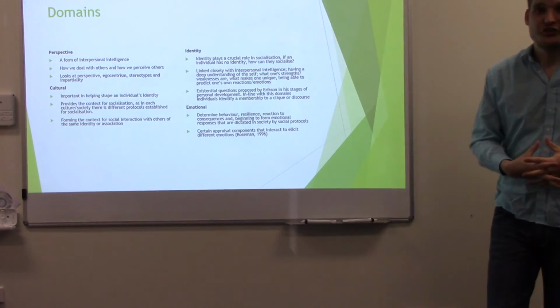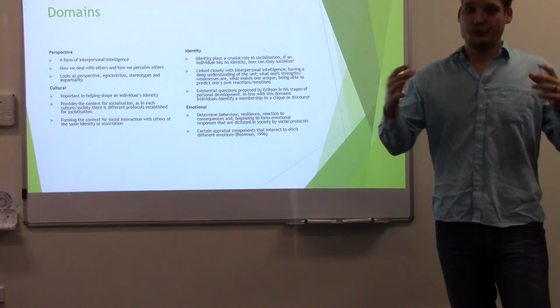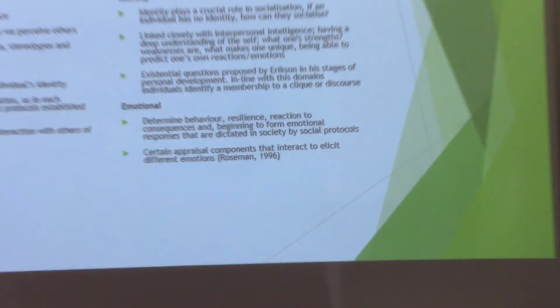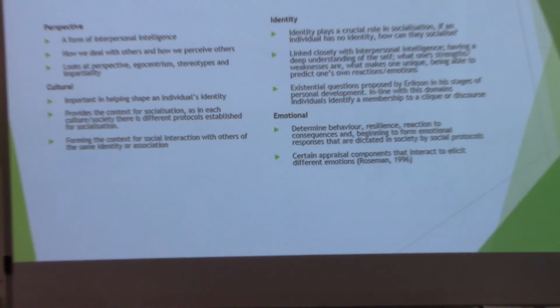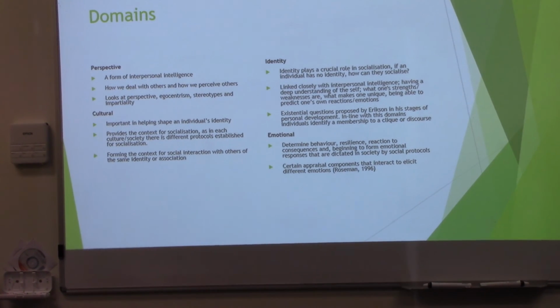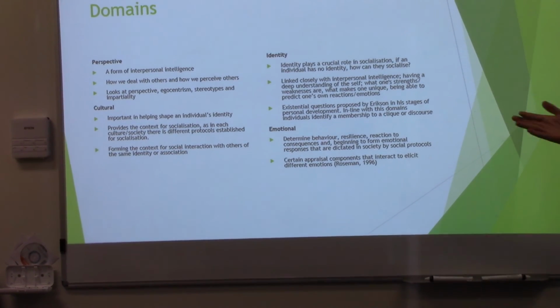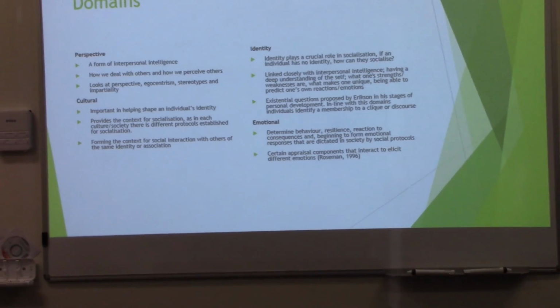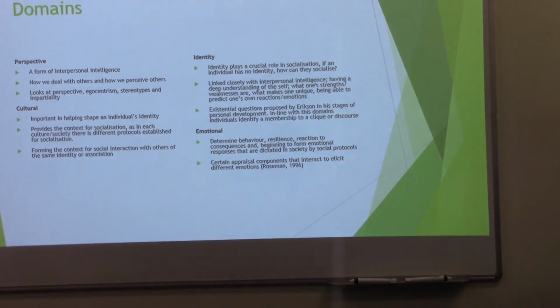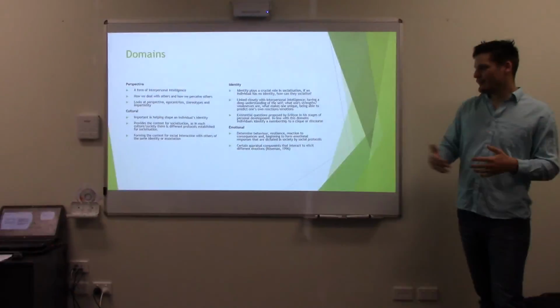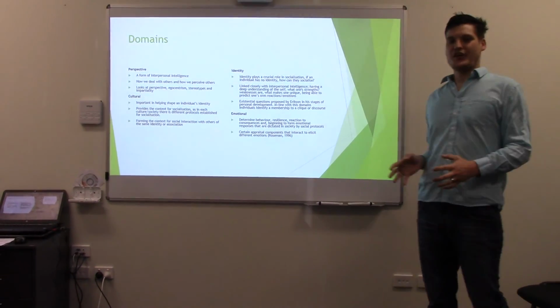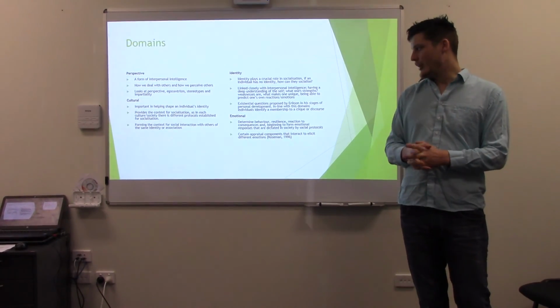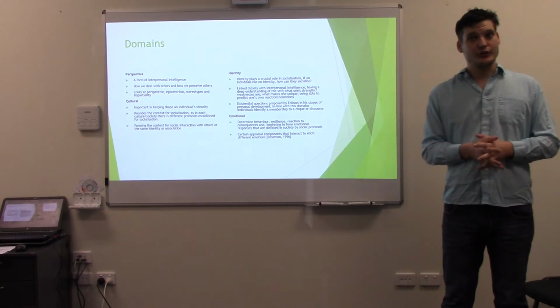It provides a context for our socialisation because if we look at different social and cultural groups, they all have different protocols to communicate, to interact, what's right, what's wrong. And it also forms context for the social interaction with others in that same identity or association group.